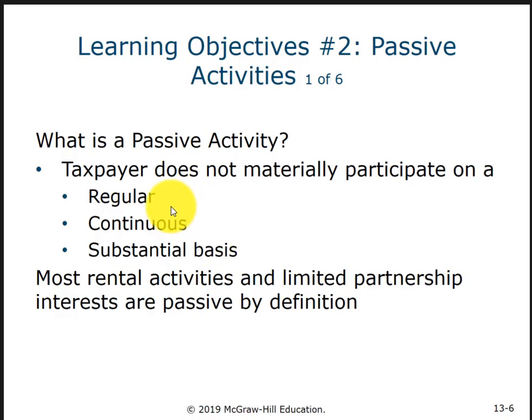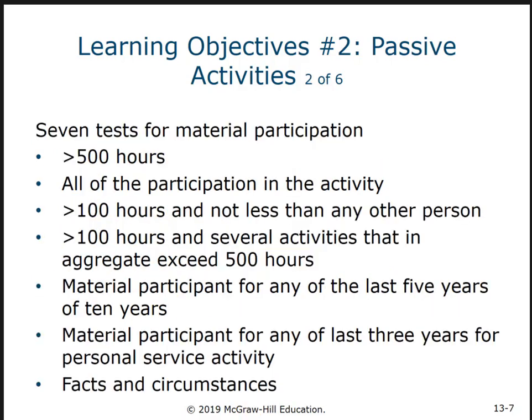So they don't do these three things, okay? So there are some rules, of course, about how to prove that it's not passive, that something is active. And how do you do that?